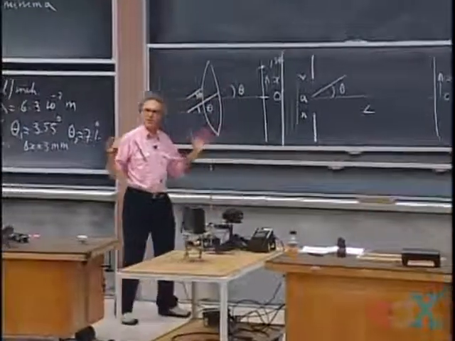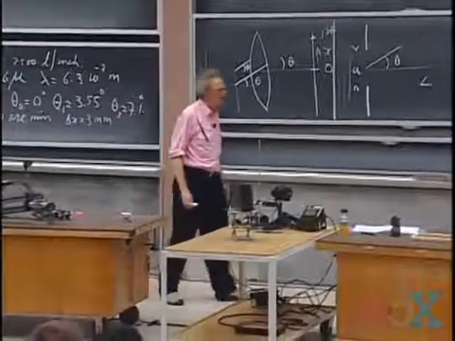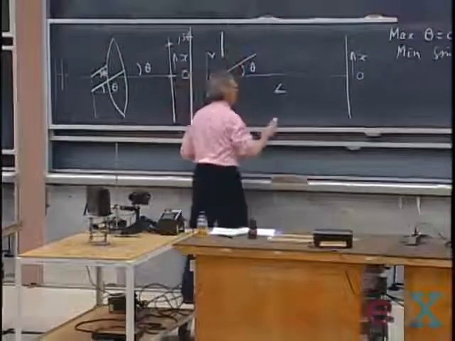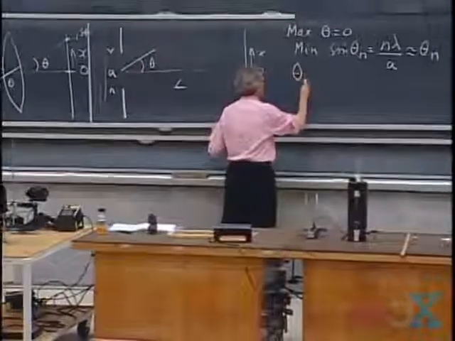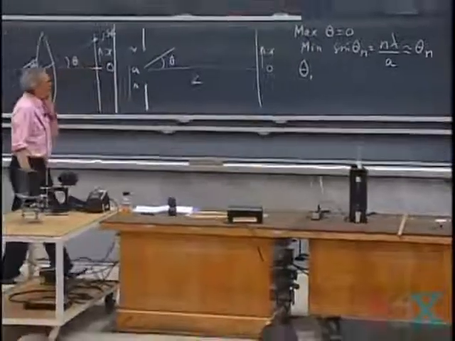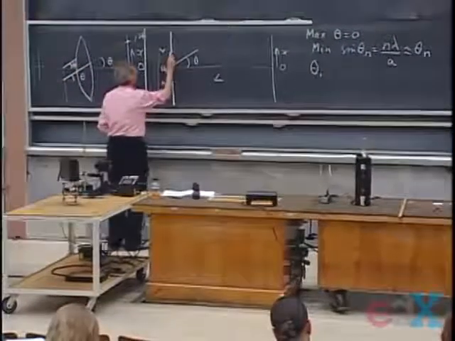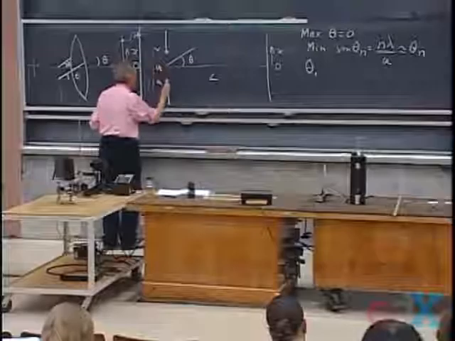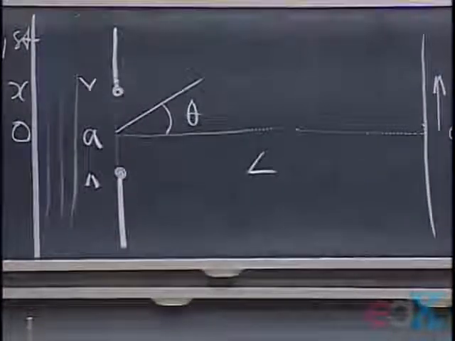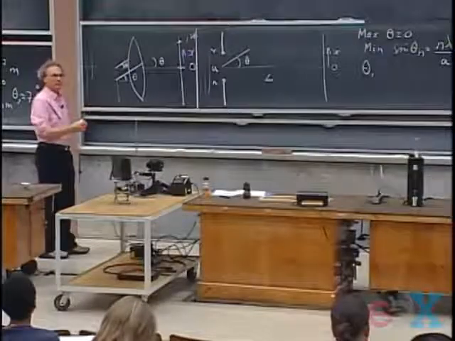The best way that you can see that that equation is not wrong is perhaps the following. Suppose you take the angle theta 1. So that's for n equals 1. Then the relation that you see there will tell you that this Huygens source and this Huygens source have a difference in path length of lambda.